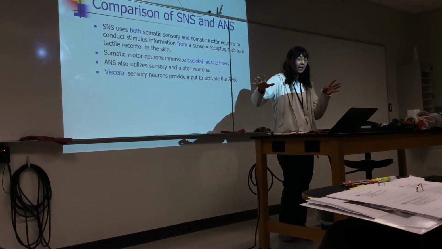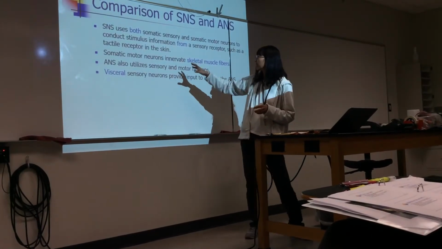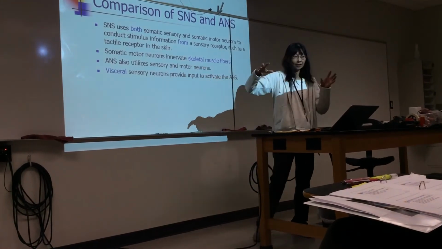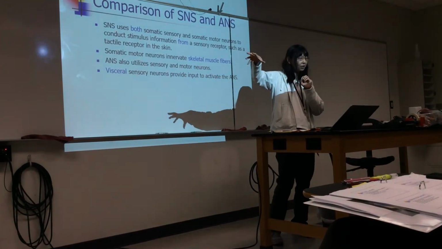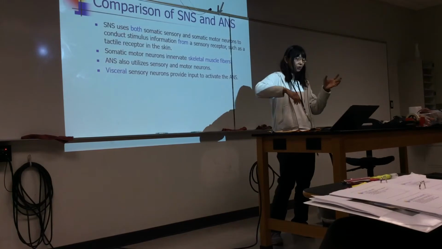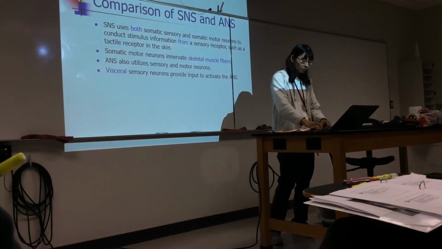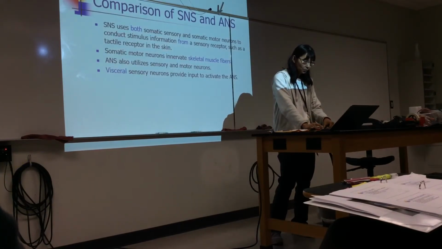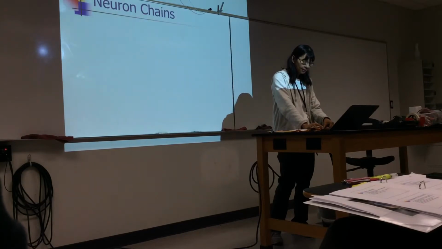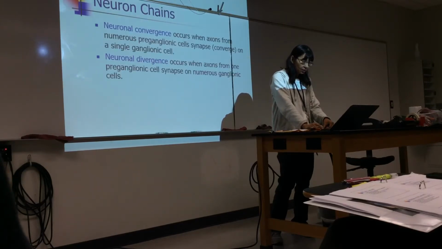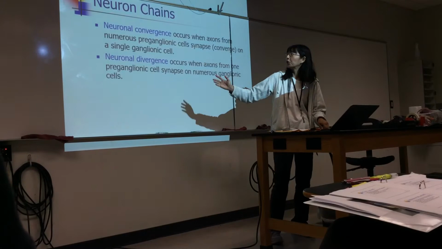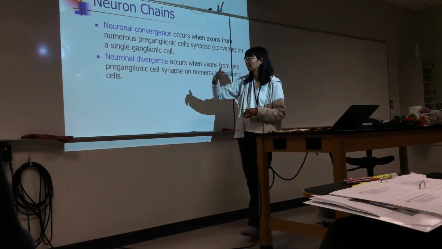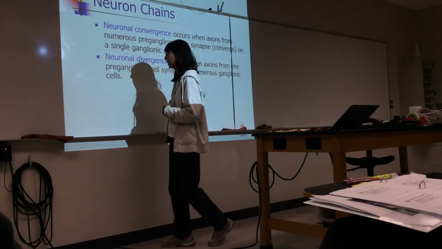Now, both somatic and autonomic have a sensory side and a visceral side, because sensory is stuff that you're consciously aware of, visceral is stuff that you are not consciously aware of. So, the neuron chain is what comes first, what comes next, what comes next.